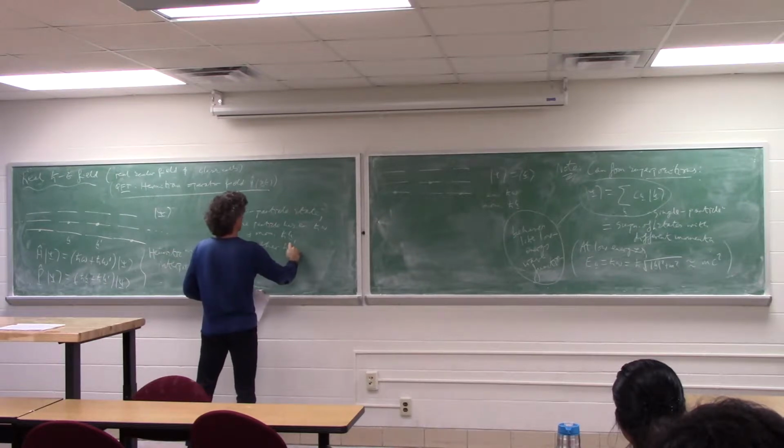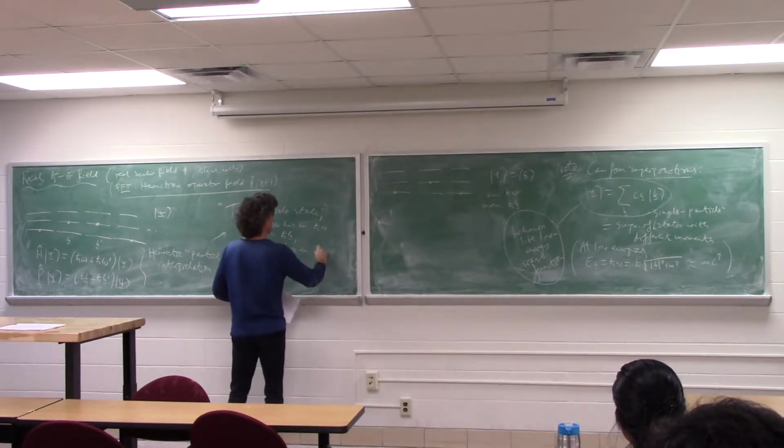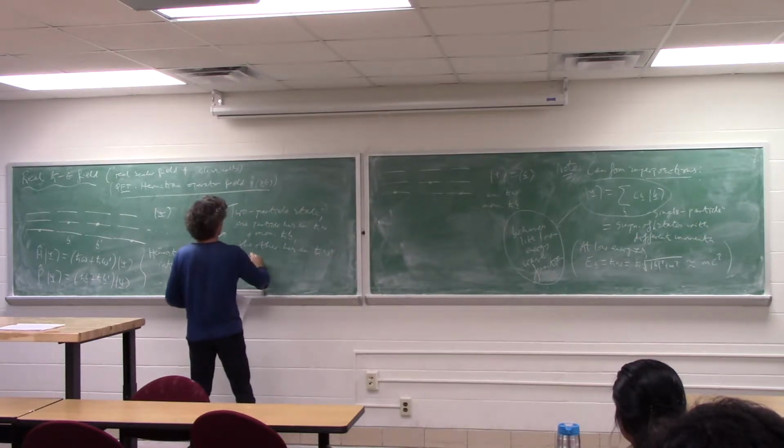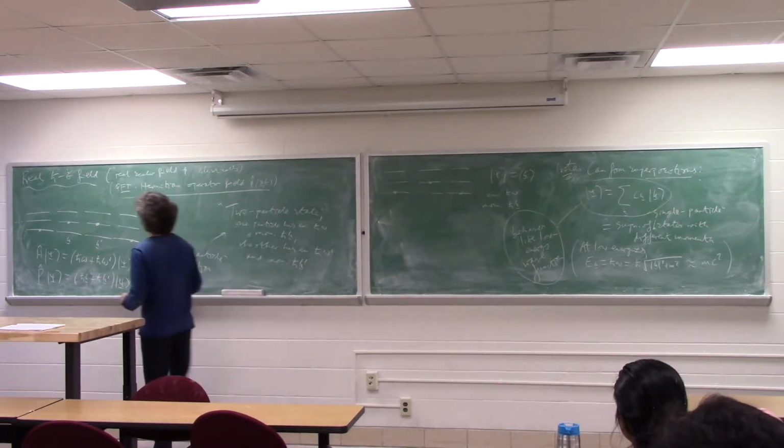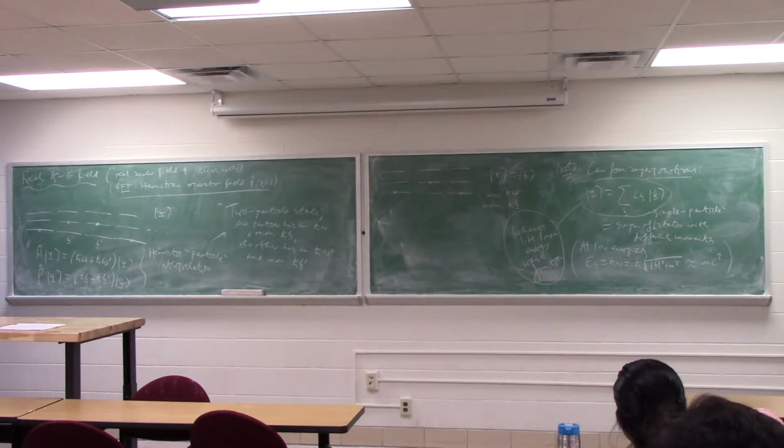The other has energy h bar omega prime and momentum h bar k prime. So I've got two particles present with different energies and different momentum. This is a two-particle state in quantum field theory. Okay.